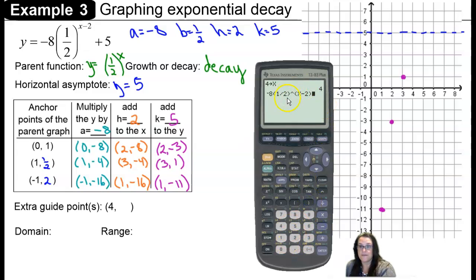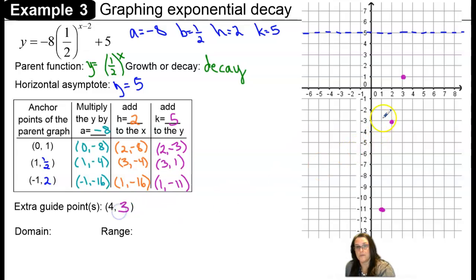You must have those parentheses there, and then outside of the exponent we have our k, which is +5, and we press enter and we get back a 3. So the point (4, 3) is on the graph.